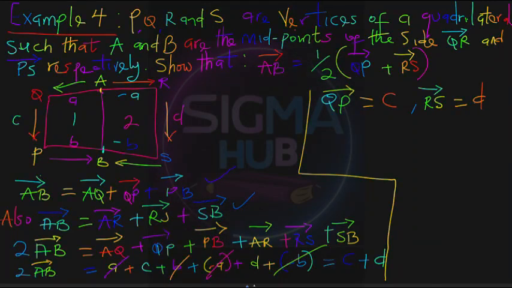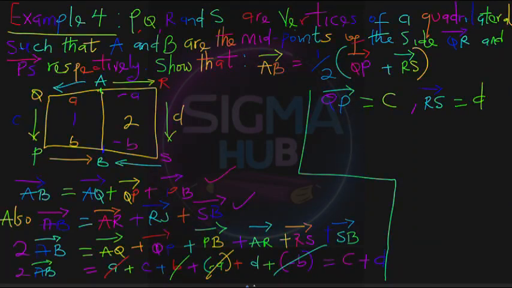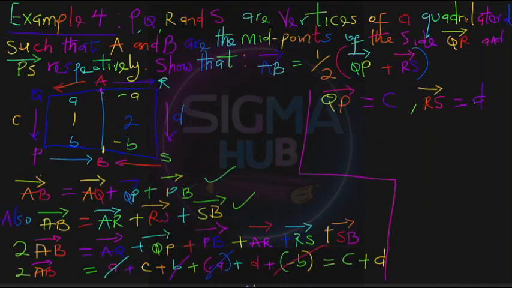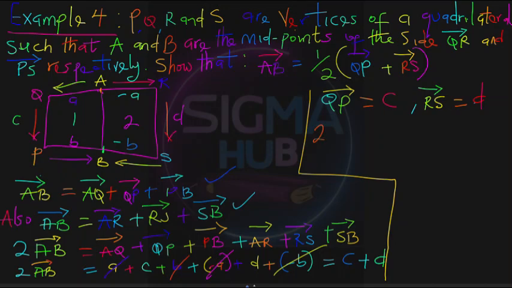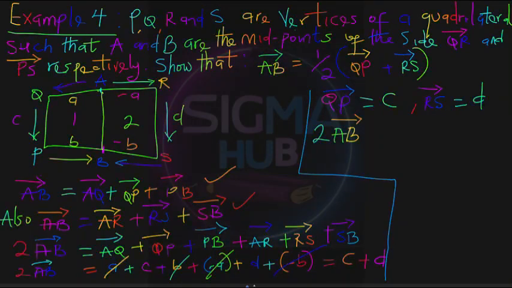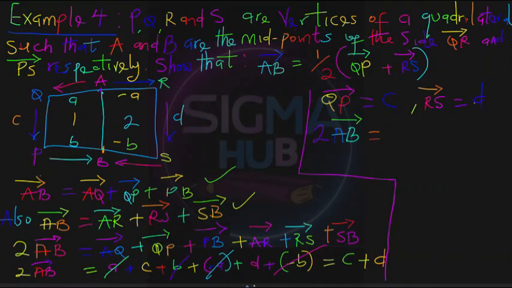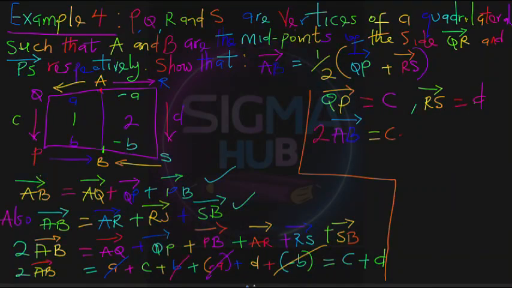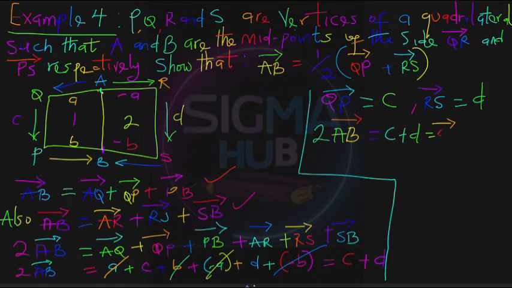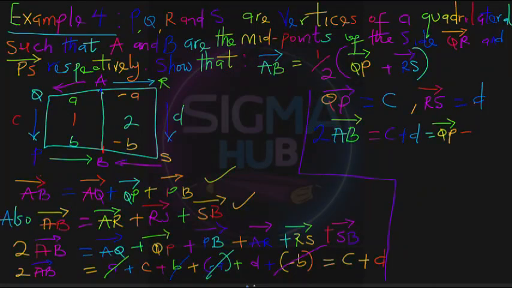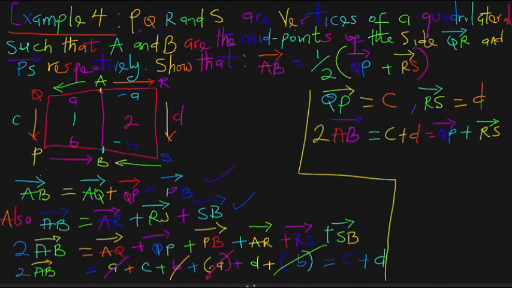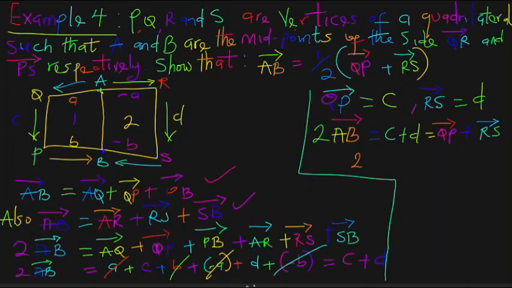So let us change back C and D as QP and RS. Hence, 2AB, as we have here, is going to be C plus D, and that's QP plus RS.